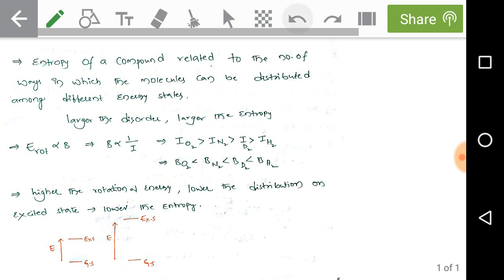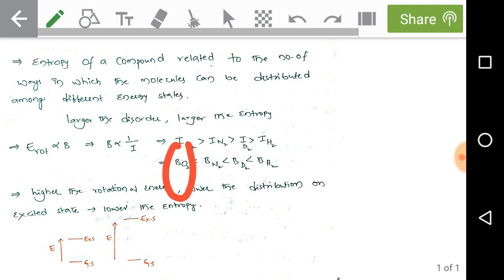In that case, you can see that the rotational constant B is highest for hydrogen. So that's why the entropy is least for hydrogen.